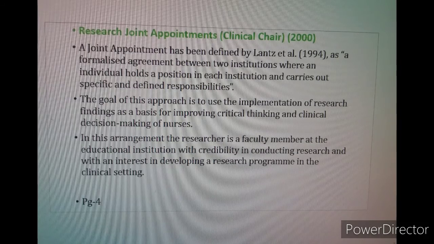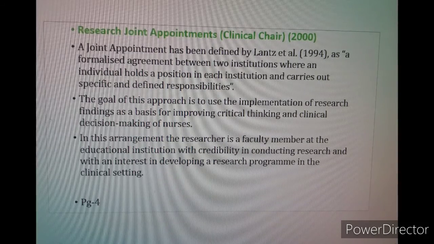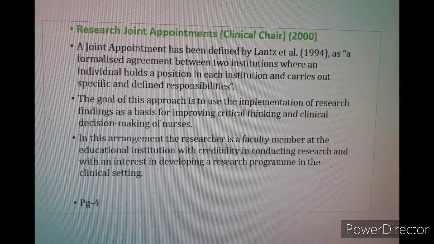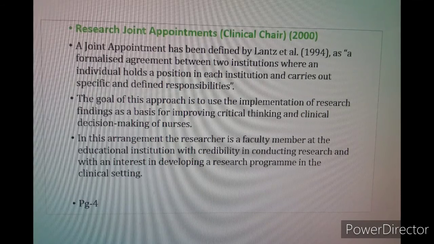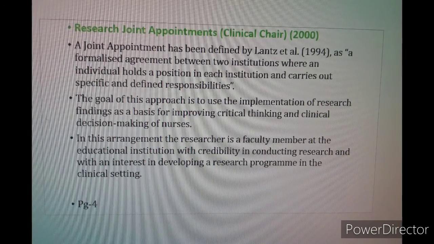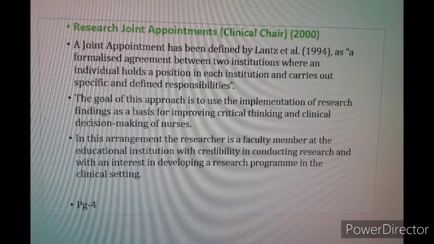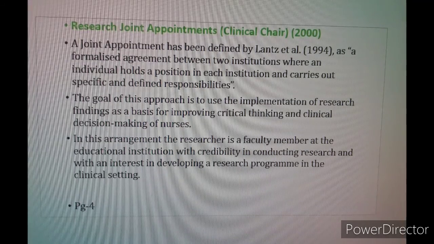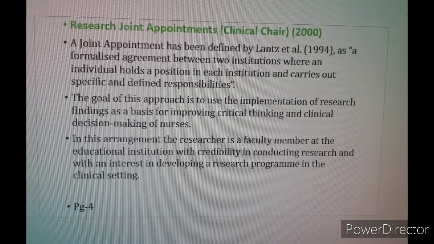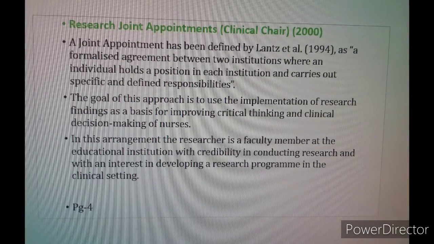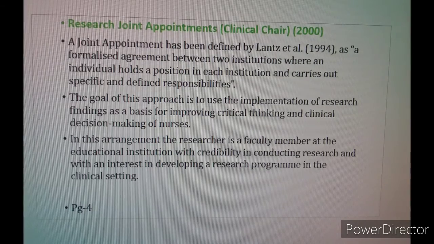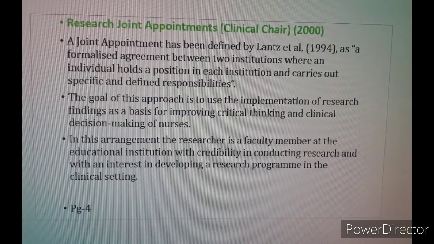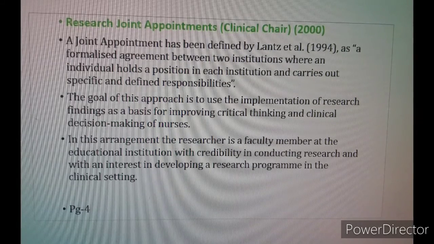The particular faculty is well aware about research, he or she is well oriented about what is going on in the market, which are the new areas where we can conduct research. So that particular faculty is going to be recruited in a hospital, and this is known as a nurse researcher, and the nurse researcher will help with evidence based practices. Whatever new things are there in the market, she is going to implement in the hospital.